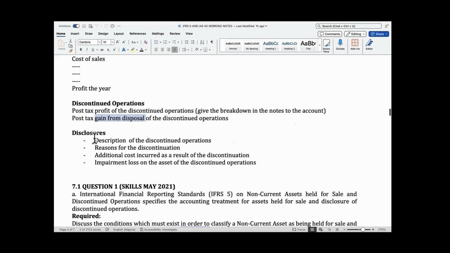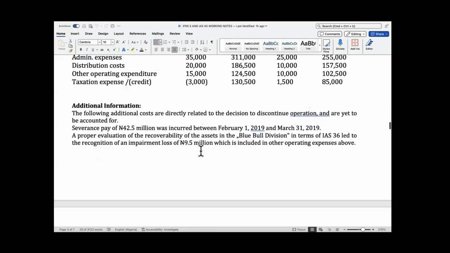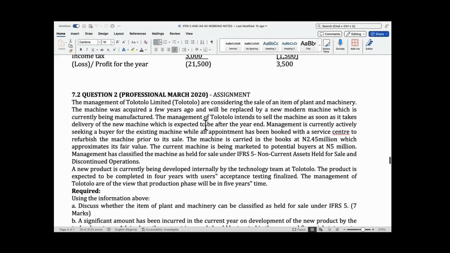And we also looked at some disclosure requirements. And we solved this question in class. And I asked you to also attempt some other ones that are similar to that. I'll give you this and also this, similar to the one that we solved before.